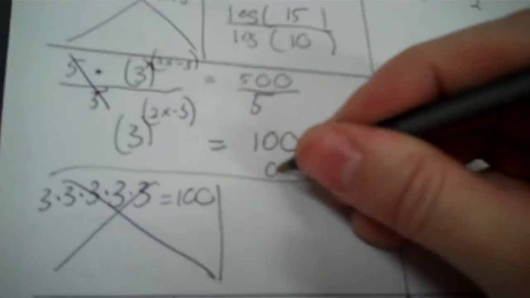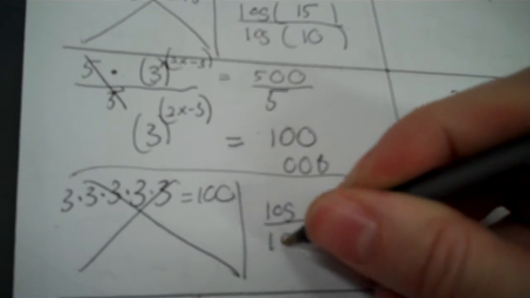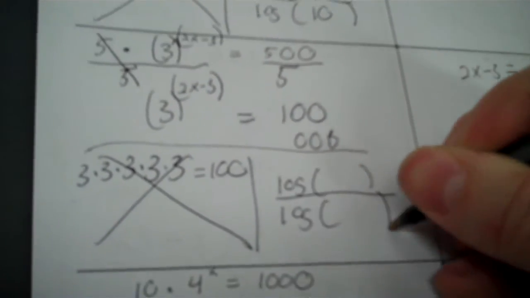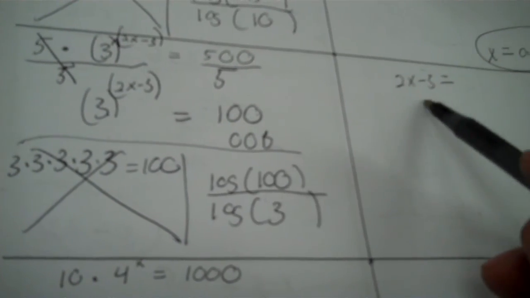Okay, yeah. So again, we have to apply our change of base formula. Okay, so 3 on bottom, and then 100 on the top, okay? Because the 2x minus 3 is over here, okay? We're just right here trying to figure out what I could set that equal to.